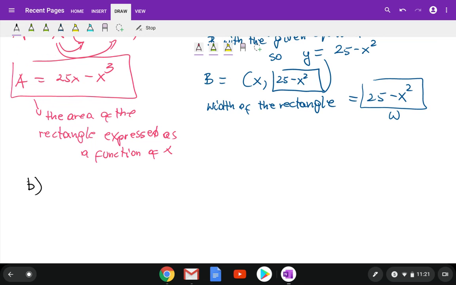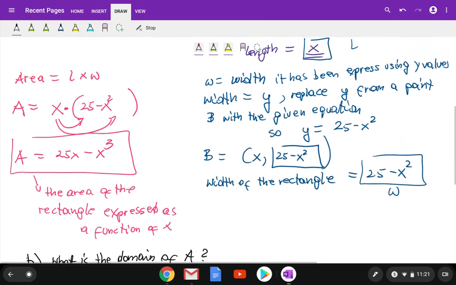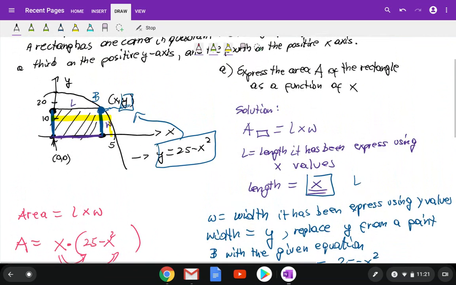In B, they want you to figure out the domain of A. So what is the domain of area? Again, domain, don't forget that we're going back to the graph. That's your x values. Let's go back to our graph.